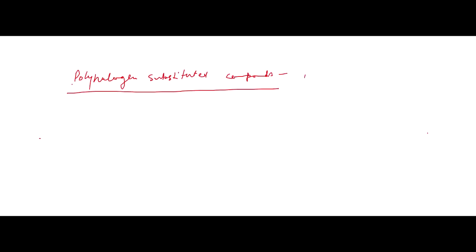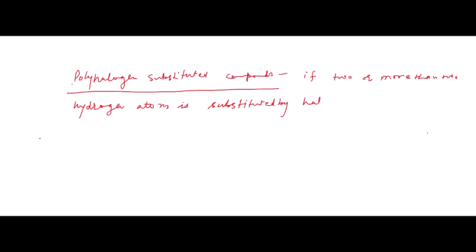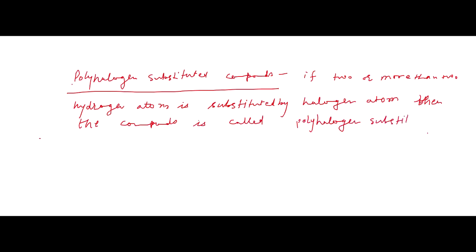If two or more than two hydrogen atoms are substituted by halogen atoms, then the compound is called polyhalogen substituted compound.